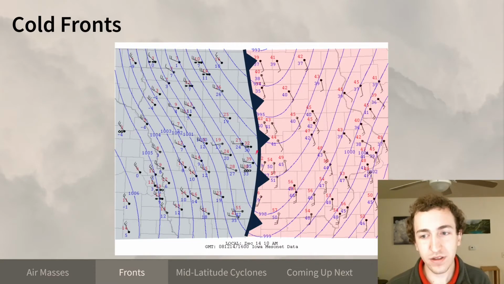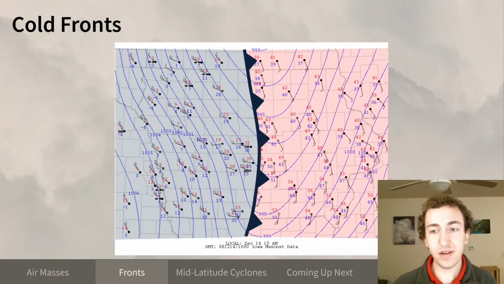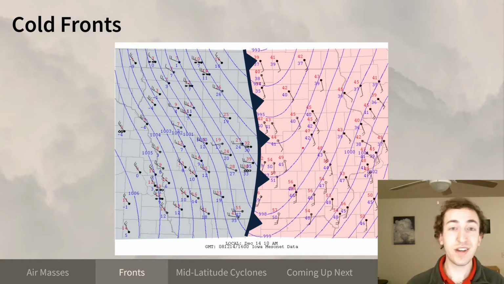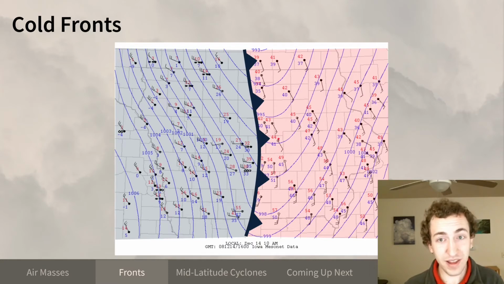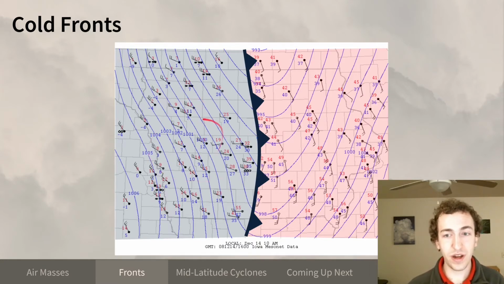On an analysis plot with station models, like we can see from the Iowa Environmental Mesonet, it looks something kind of like this. You have your cold air, cold temperatures over on this side, warm temperatures over here, pretty clear boundary between them.